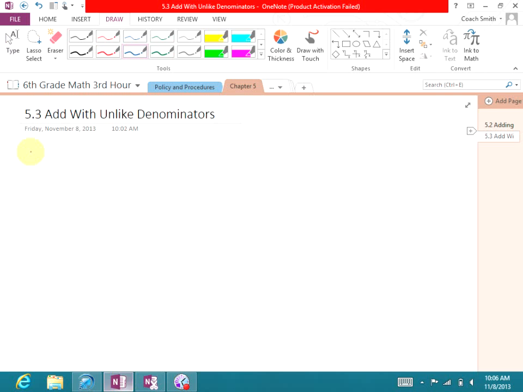Now, let's remember that a like denominator is just the LCM, least common multiple. Okay?